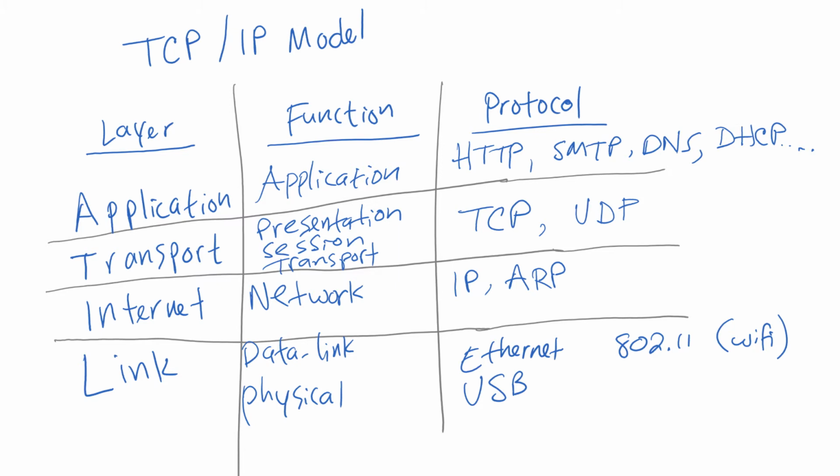Moving past the TCP/IP model and looking at each layer a little bit more in depth, at the link layer, we need to understand that things happen in binary.